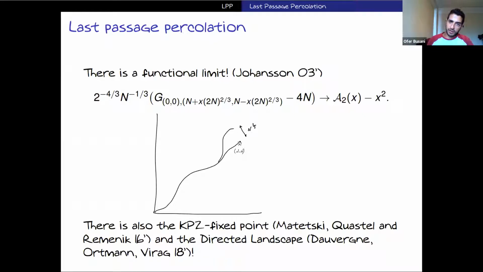And when you go in the anti-diagonal direction, then you are looking at the spatial changes of the surface. So the KPZ fixed point is when you look at things in space and time. And the directed landscape by Dauvergne, Ortmann, and Virag is when you change the two endpoints in space and time.